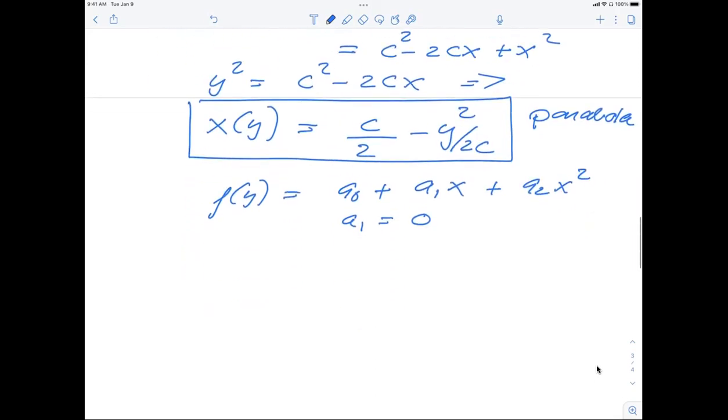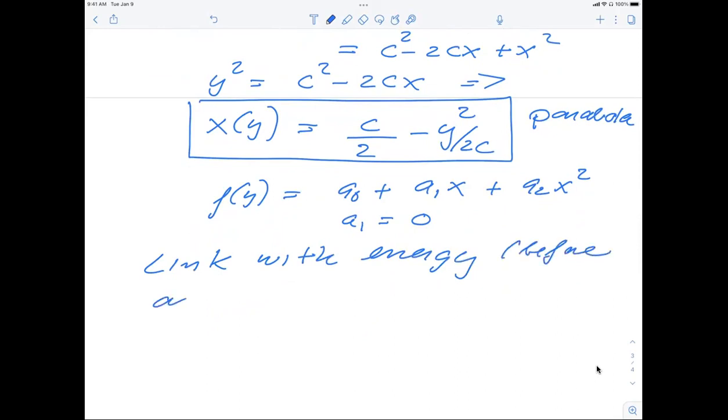So let's now link with energy before we go to the final case, which is going to give us a parabola. So this is before we analyze epsilon larger than 1. So let's take a look at this now.